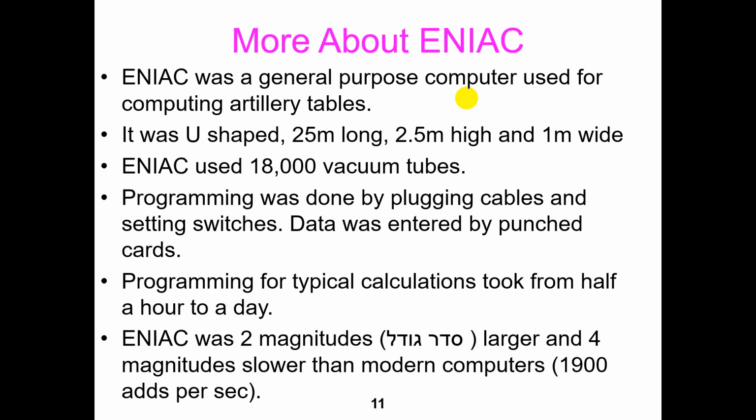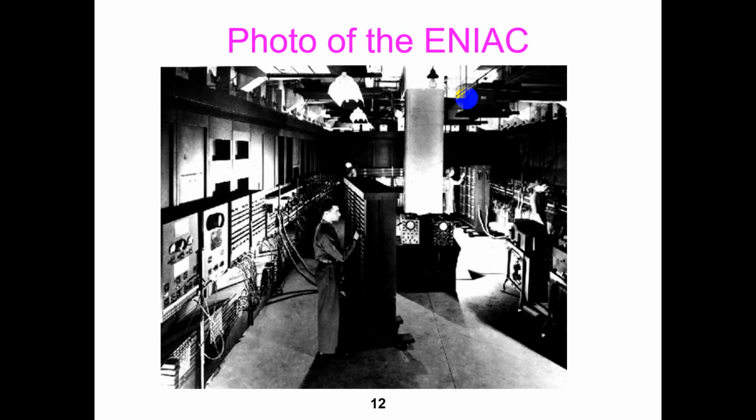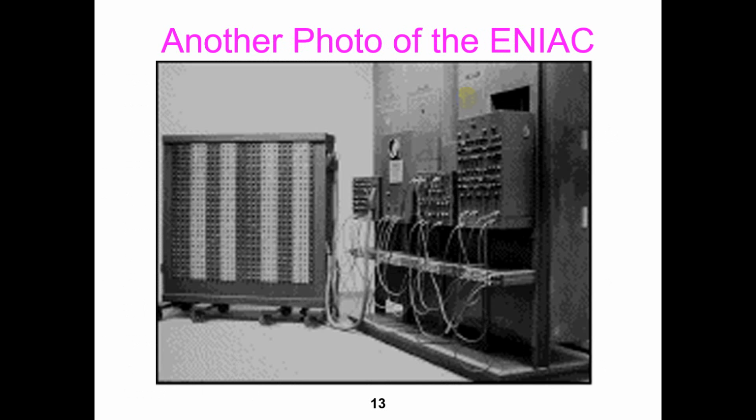Programming was done by plugging cables and setting switches. Data was entered by punch card. Programming for a typical calculation took from half an hour to a day. ENIAC was 2 orders of magnitude larger and 4 orders of magnitude slower than a modern computer. This is a photo of ENIAC. This is another photo of ENIAC.